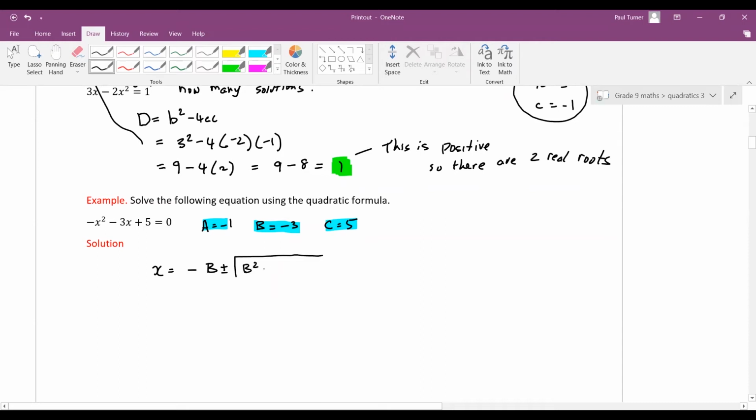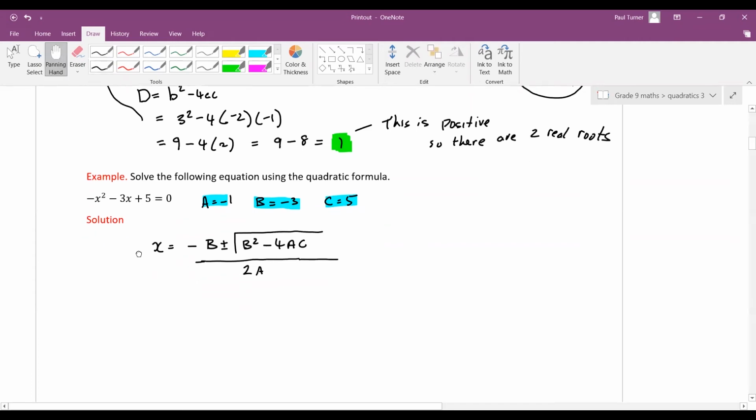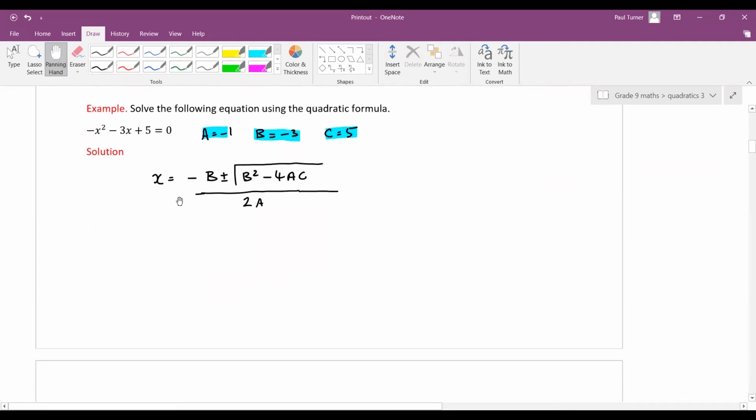The 2a goes right underneath the minus b as well, not just the root sign all the way. Once you've written your formula, you should substitute the numbers that you got here. You will need a calculator at the end if I want the decimal form.